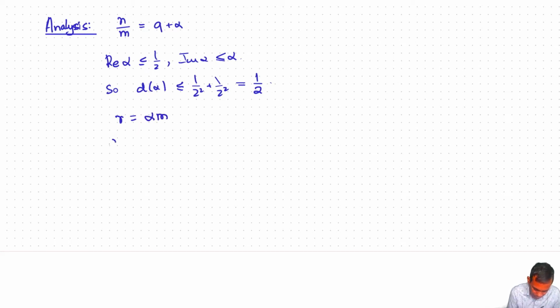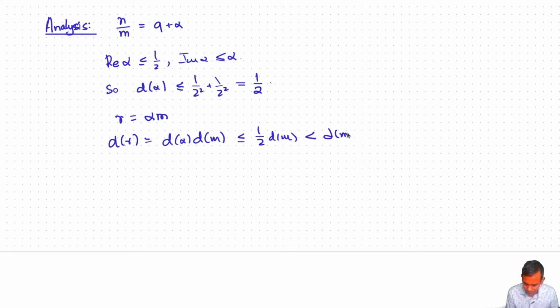So because of the multiplicativity of this d function, which holds for Gaussian integers, d of r is d of alpha times d of m, which is less than or equal to half d of m, which is strictly less than d of m. So this is why this method I've described for doing Euclidean division of Gaussian integers always works.